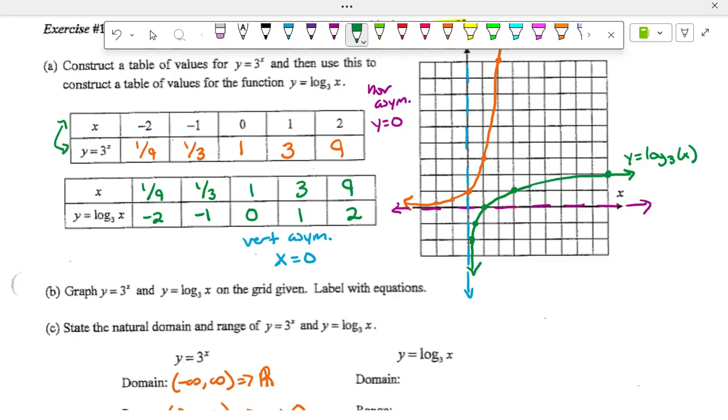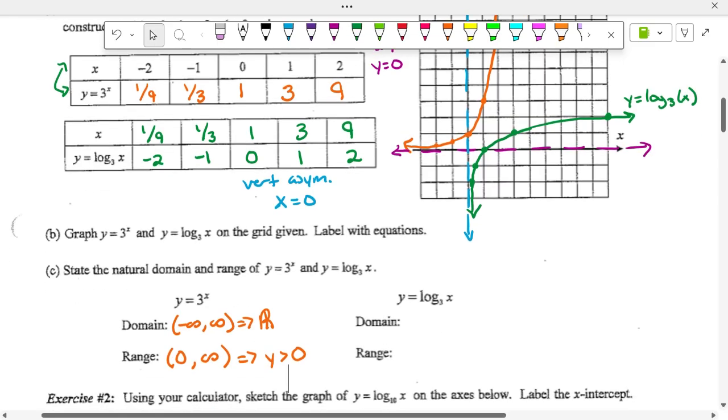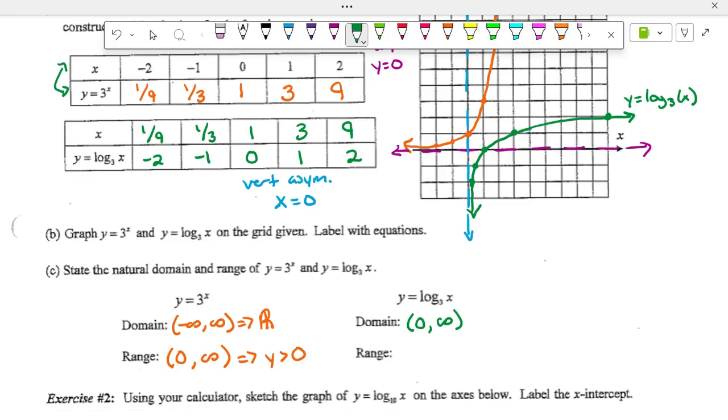Now, when I write from 0 to infinity, will I use a bracket or a parenthesis for the 0? Parenthesis, because that's where the vertical asymptote is. This would be from 0 to infinity, which we can write as x is greater than 0.